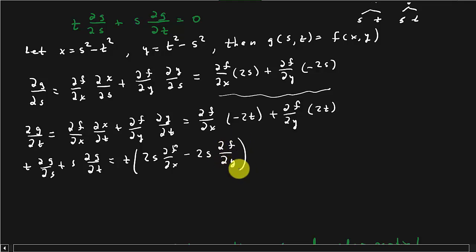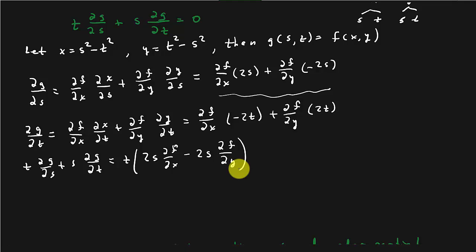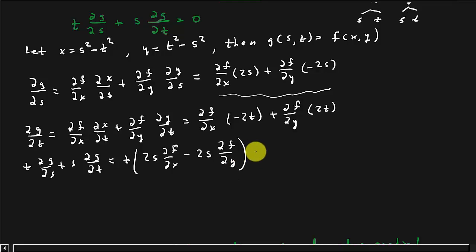All right, so hopefully everybody's good there. And then that is plus s times, and then that's going to be this one, negative 2t partial f with respect to x plus 2t partial f with respect to y.